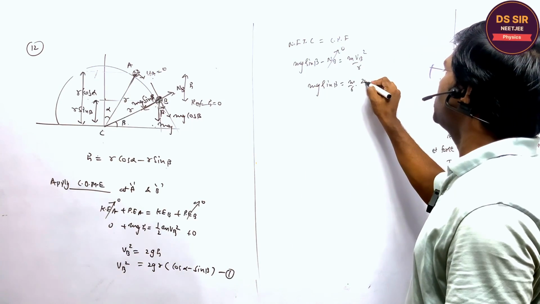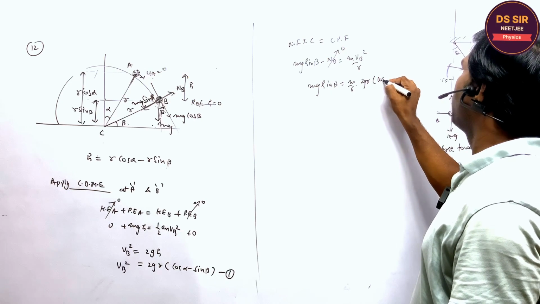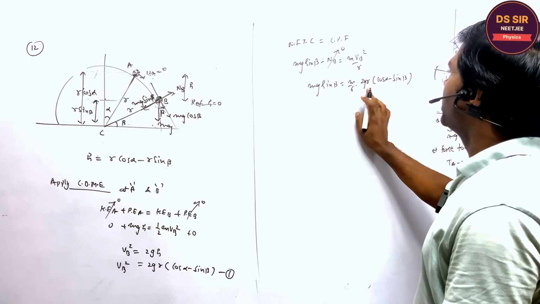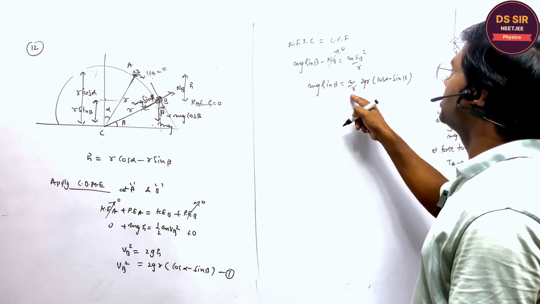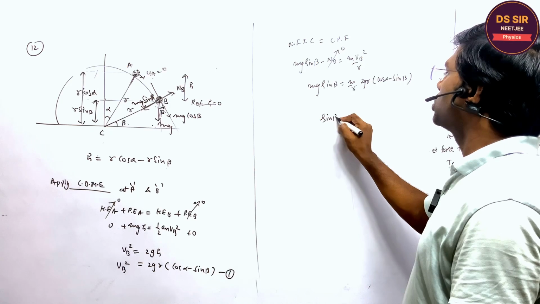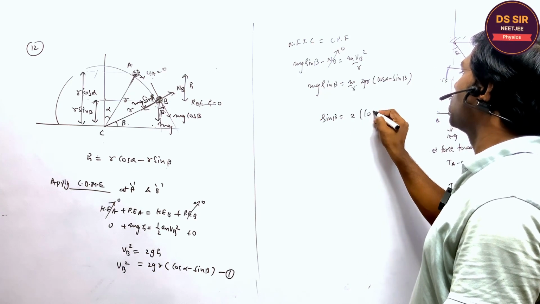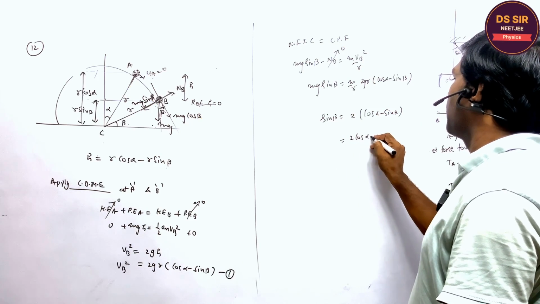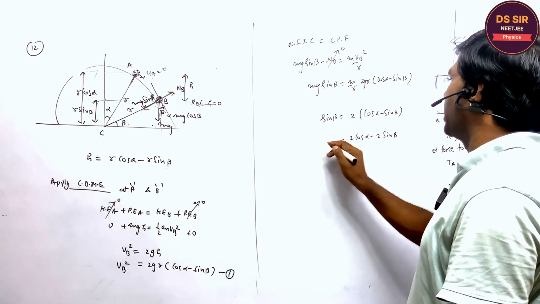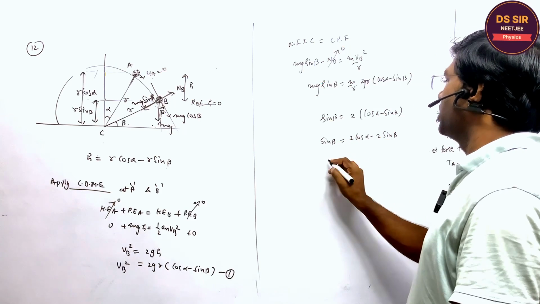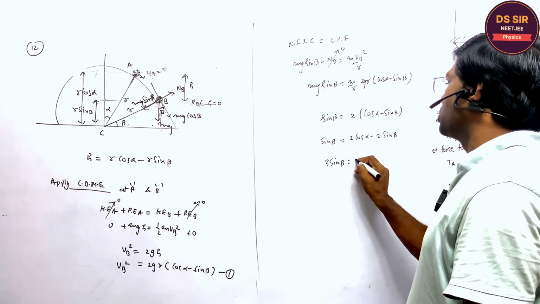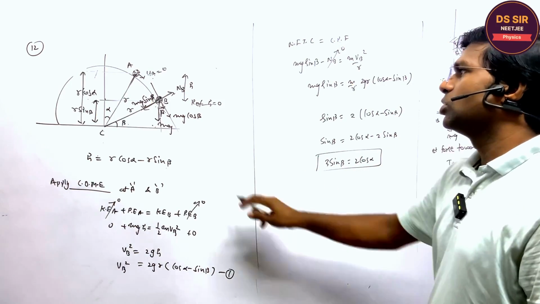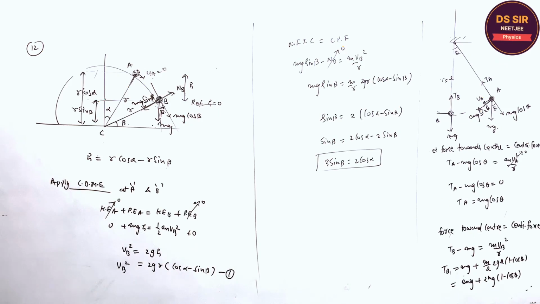The value of Vb square is 2gr (cos alpha minus sin beta). Right. So r will cancel out, mg will cancel out. So sin beta will be equal to 2 (cos alpha minus sin beta). So this is 2 cos alpha minus 2 sin beta, and this sin beta comes this side, it becomes 3 sin beta is equal to 2 cos alpha. So this is the relation between alpha and beta, so that this block leaves the contact at this point.